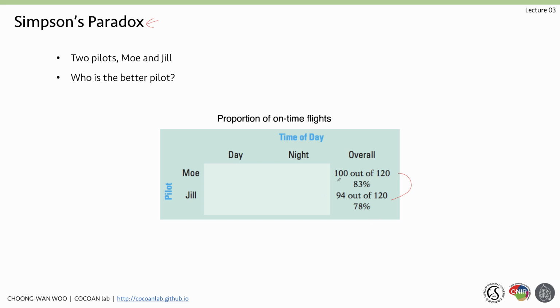This is the proportion of on-time flights. Mo had 100 out of 120, so 83%, successfully arriving at the destination on time. But Jill had only 78%. And based only on this data, I think we can say Mo is the better pilot.